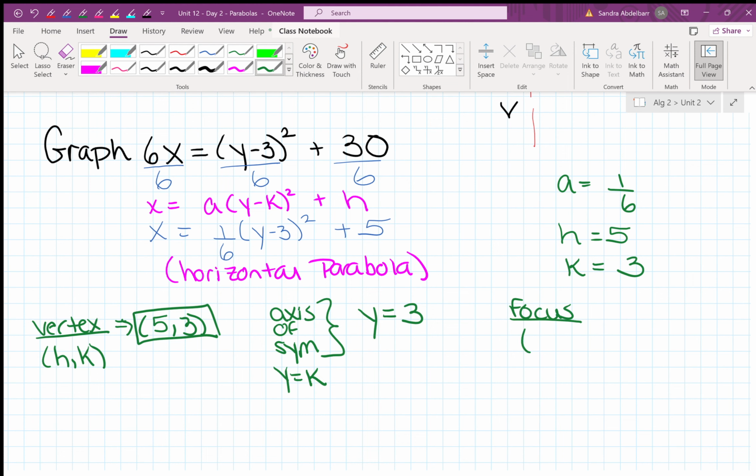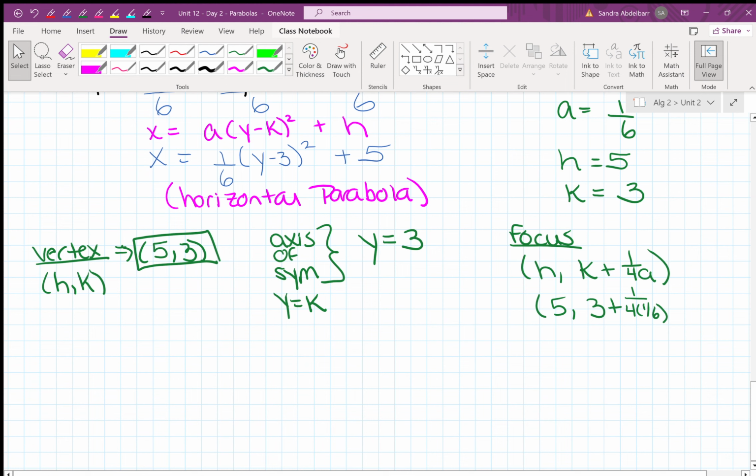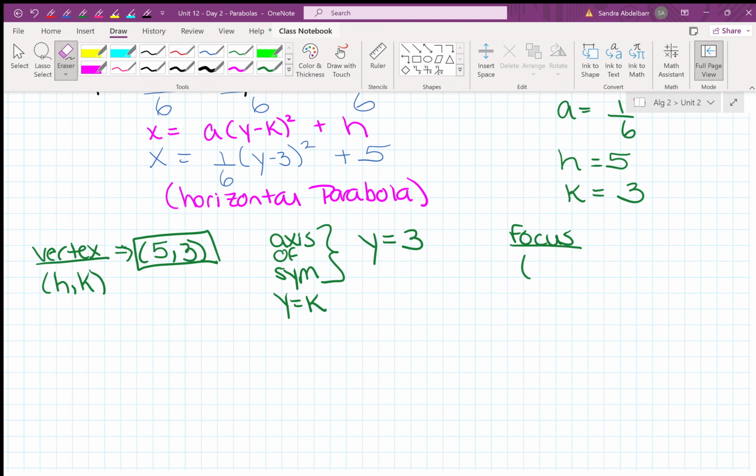Our focus is going to be h comma k plus 1 over 4a. So we are 5 comma 3 plus 1 over 4 times 1/6. Did I mix it up? Yeah. It's supposed to be h plus 1. Oh, this is a horizontal one. Sorry, guys. It's a horizontal one. h plus 1 over 4a comma k.